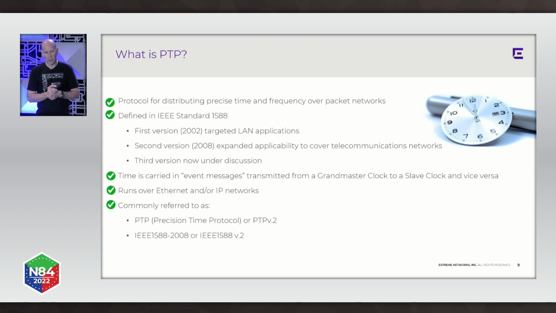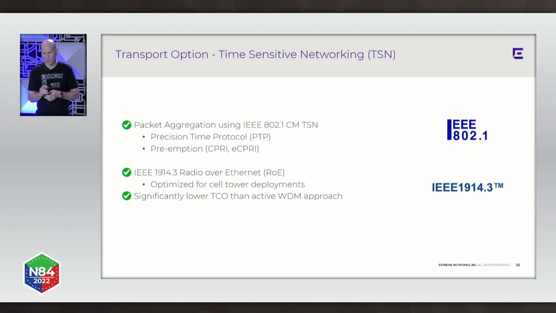It runs over Ethernet and IP, and you basically have two different flavors of this. You have the IEEE 802.1CM, which is aimed towards, as said, the carrier world, and then you have the 802.1BA, which is more aimed towards AVB and industrial automation.